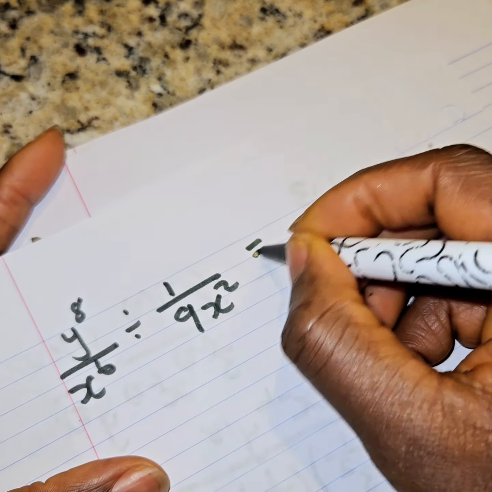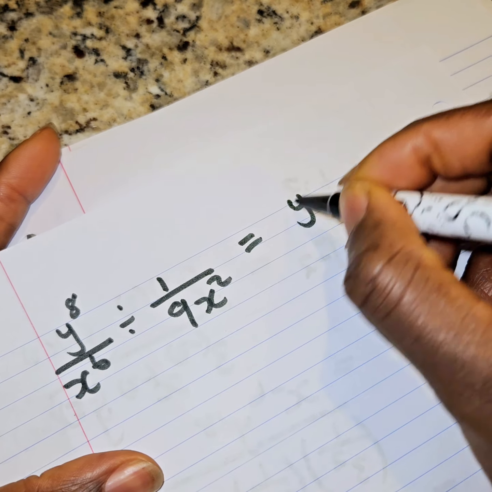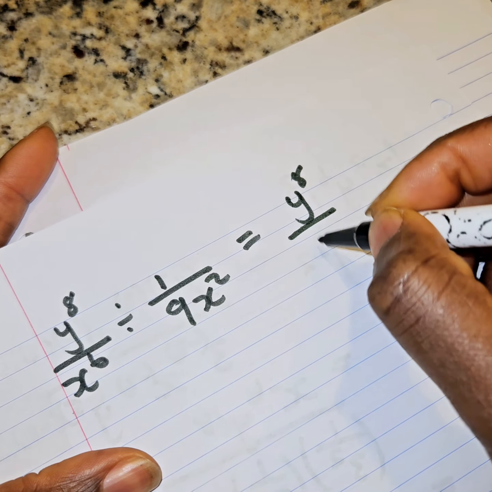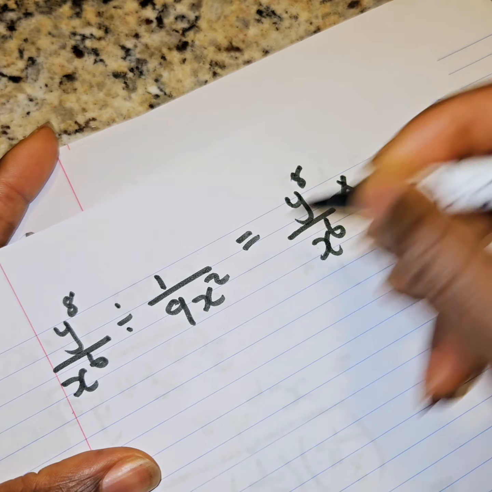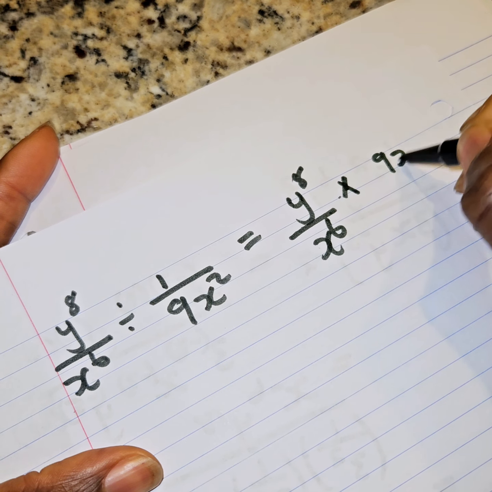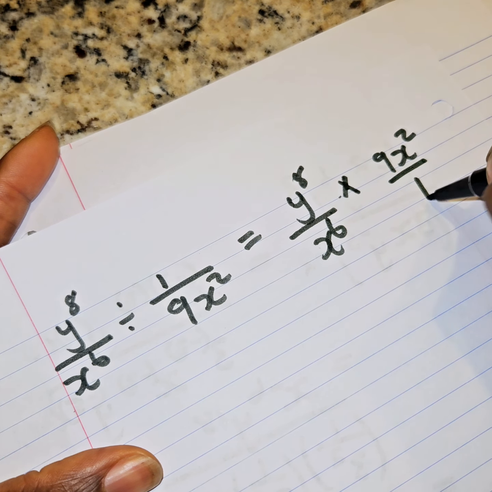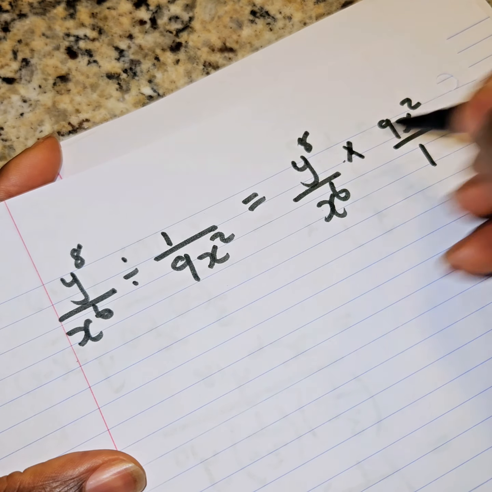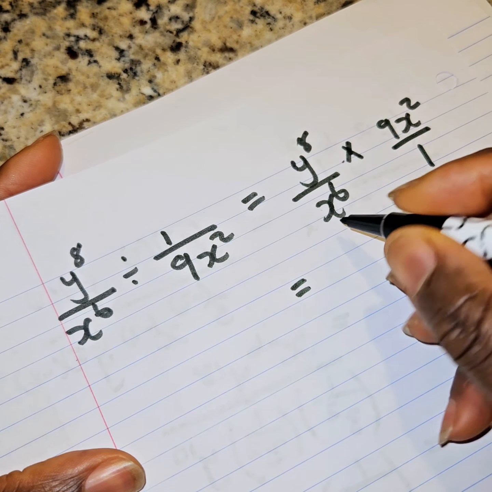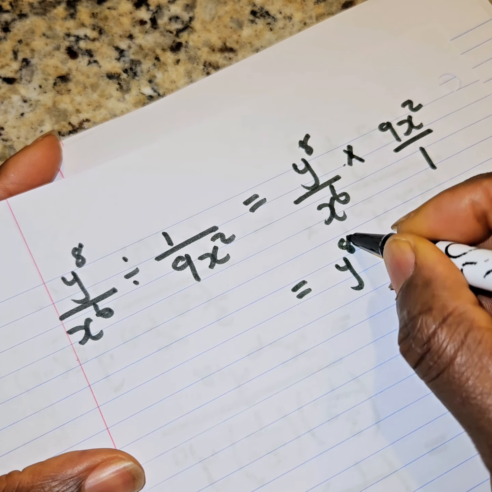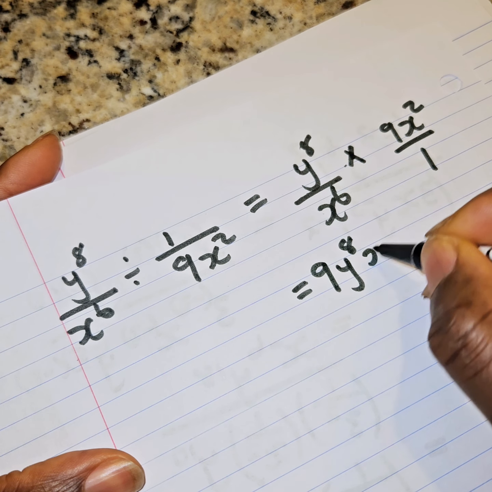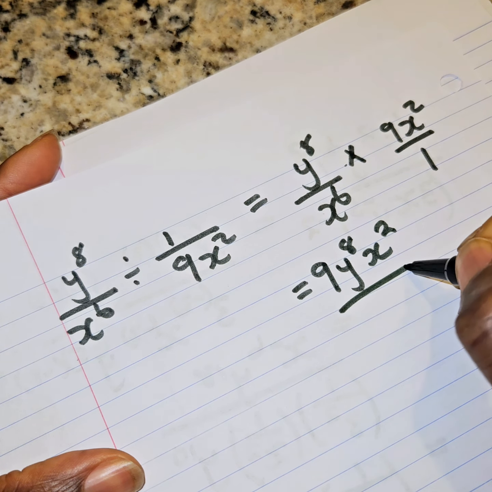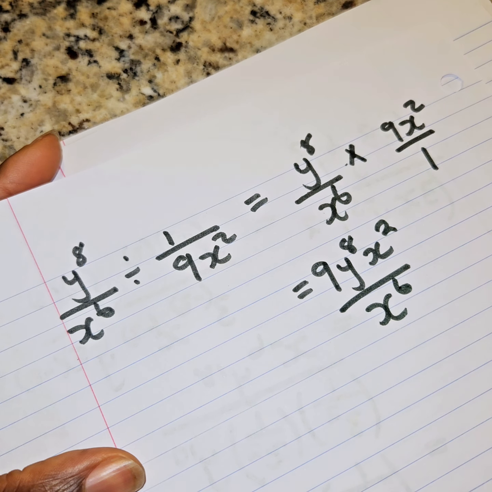So for the next step, I'm going to leave the first one just as it is, but I will multiply and invert: 9x squared over 1. Now I can just multiply, and I will have 9y to the 8 x squared divided by x to the 6.